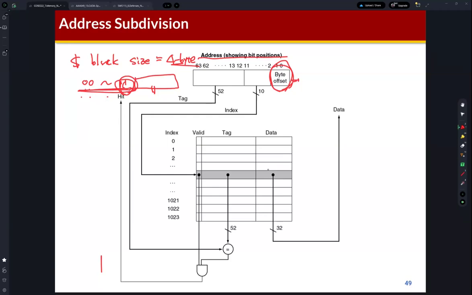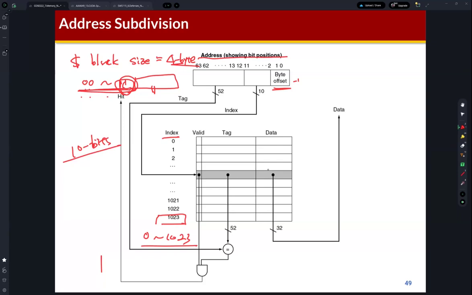Okay, do you understand? And then you can find the number of blocks in a cache. Okay, so you can find the index. The index range is 0 to 1023. So what does that mean? This cache includes 1024 blocks, right? So in order to identify these blocks, we require 10 bits of index, right?